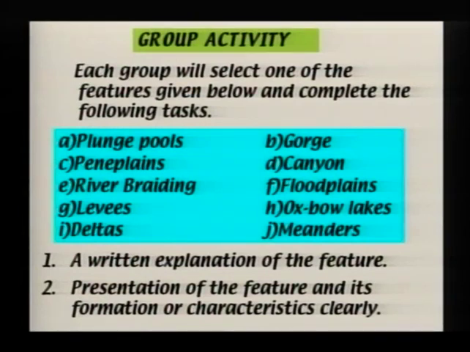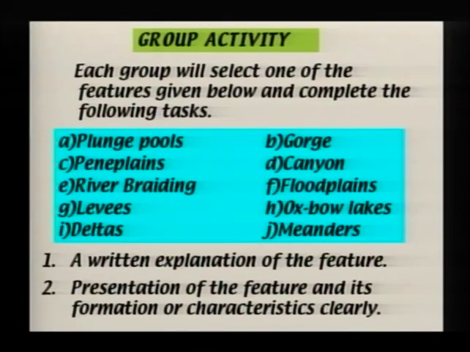So here goes for the class, we have 10 words. Plunge pools, peneplains, river braiding, levees, deltas, gorge, canyon, floodplains, oxbow lakes, and meanders. Whichever word you get to work on in your group, you will be required to explain or define that particular feature.